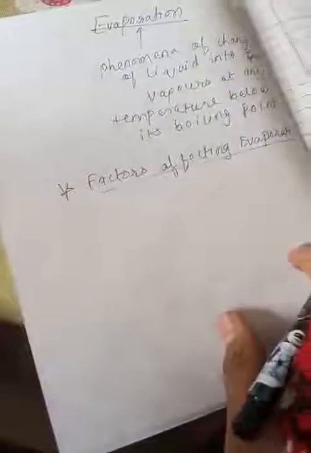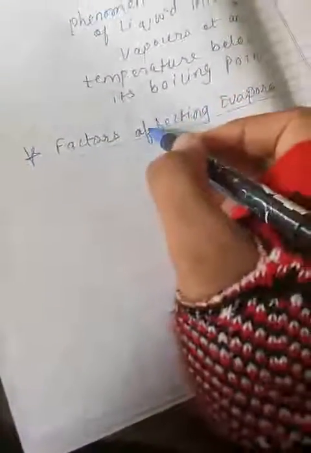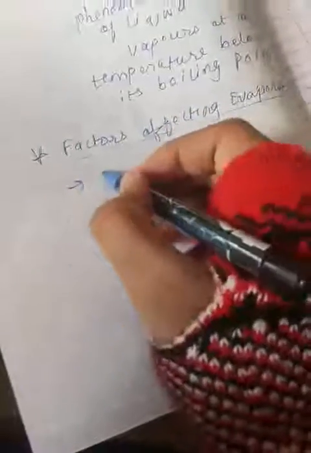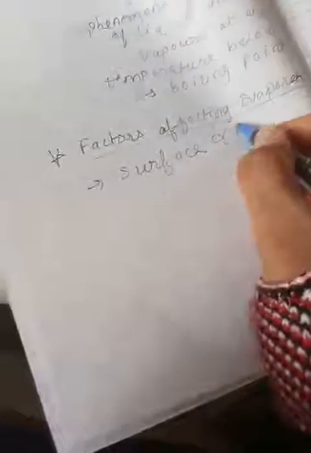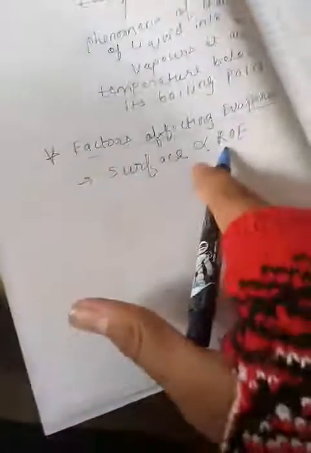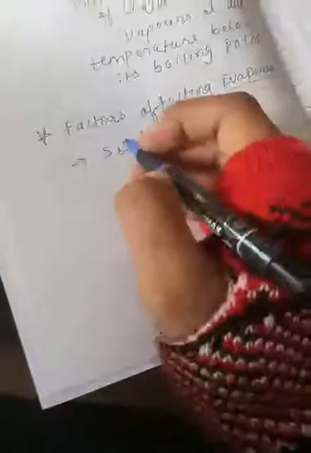There are four factors that affect the rate of evaporation. First is the surface area. The surface area is directly proportional to the rate of evaporation. As the surface area increases, the rate of evaporation increases. As the surface area decreases, the rate of evaporation decreases.